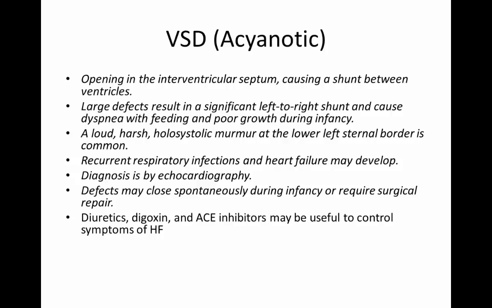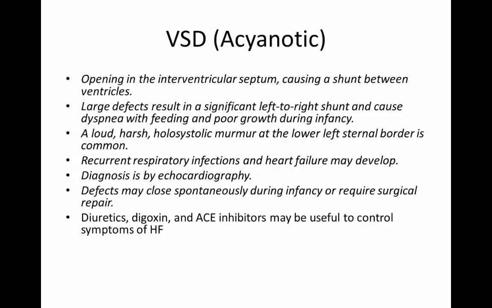A moderate to large ventricular septal defect produces a harsh systolic murmur that is present at age 2 to 3 weeks already. Patients would have tachypnea, dyspnea with feeding, failure to thrive, gallop, crackles, hepatomegaly, even though the right-sided failure is more predominant. Diagnosis, again, by chest x-ray or echocardiogram.